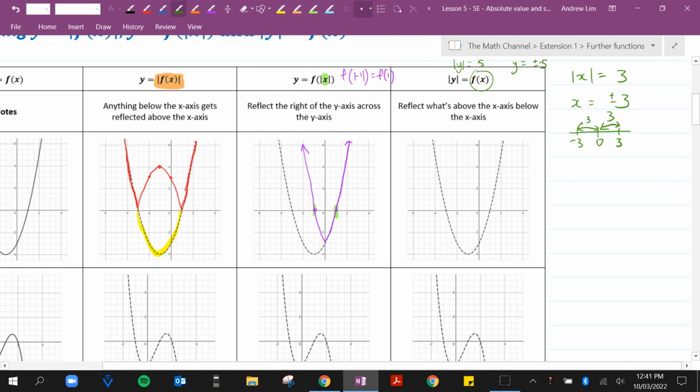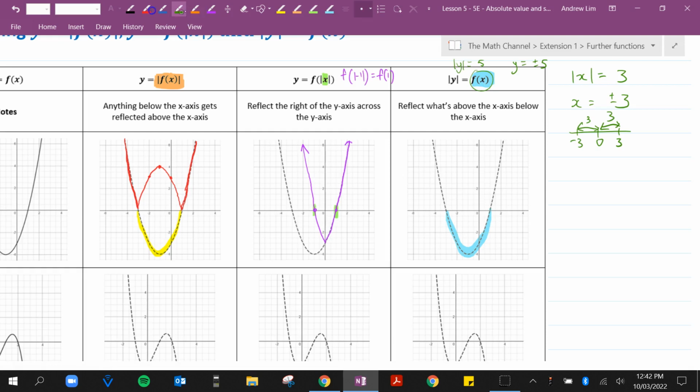So what we're going to do is have a look at this. We can see here that everything below the x-axis has a negative y value, which means our f of x is negative. But that doesn't make sense, right? The absolute value of y equals a negative. We can't have a negative distance, so all of that's just going to disappear.